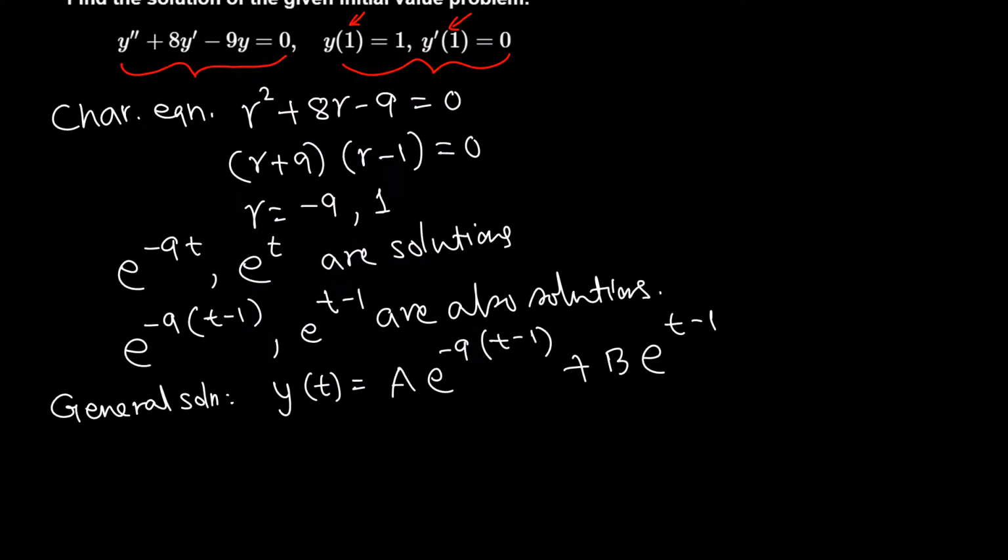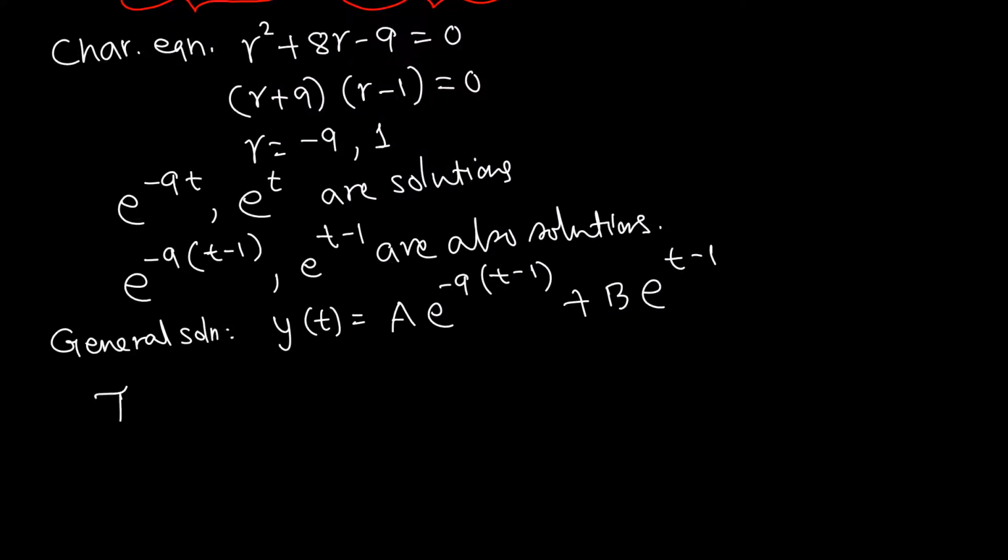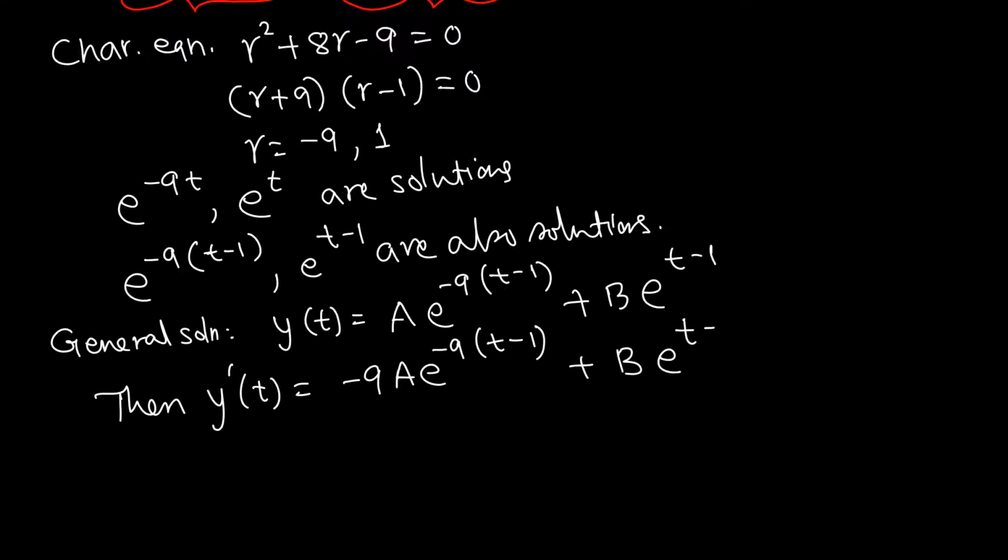To use the second initial condition, which has a derivative, we need to find the derivative of this y. The derivative is negative 9a e to the negative 9 times (t minus 1) plus just itself, b e to the (t minus 1). Let's call this star, one and two.